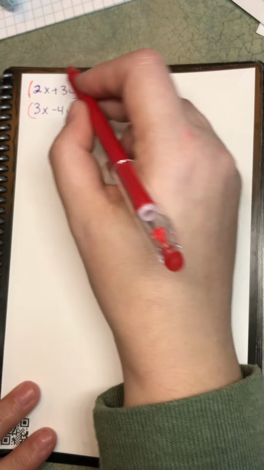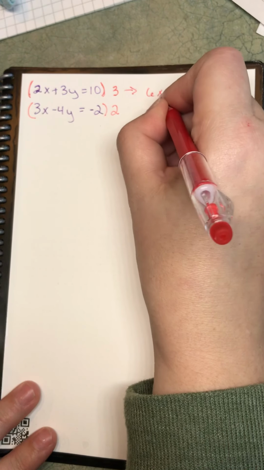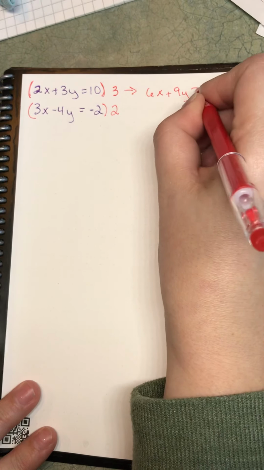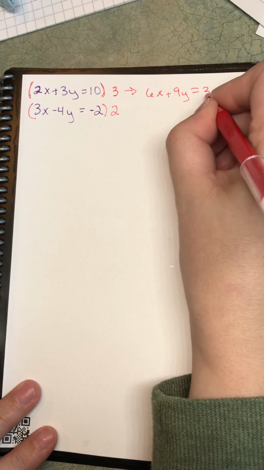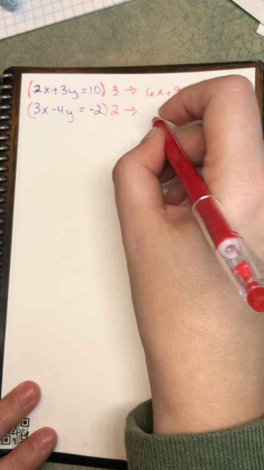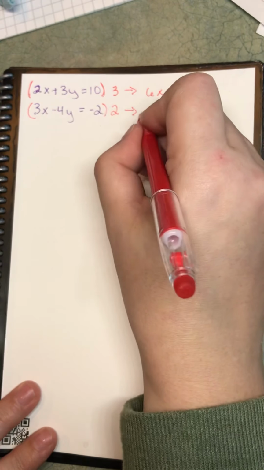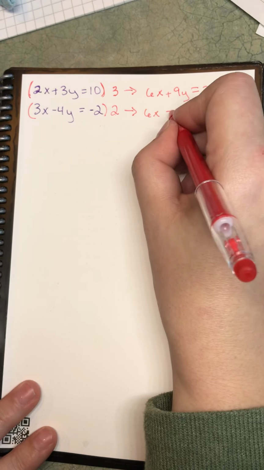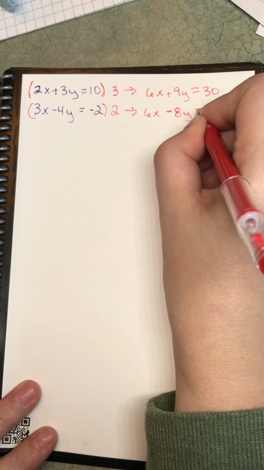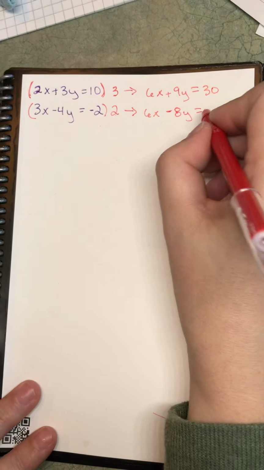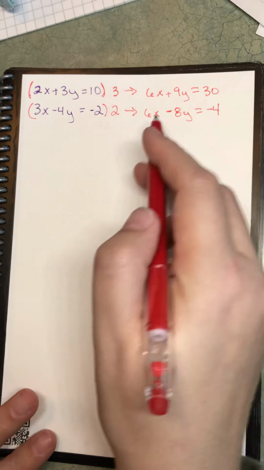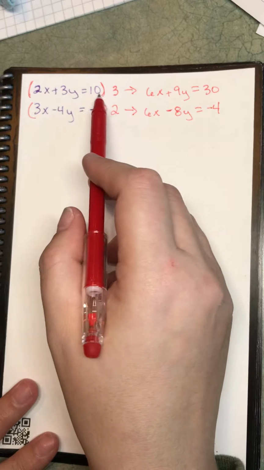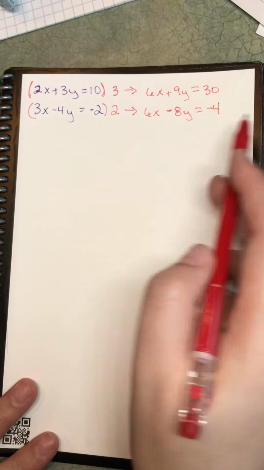So 3 times 2x is 6x. 3 times 3y is 9y. 3 times 10 is 30. And here 2 times 3x is 6x, and 2 times negative 4y is negative 8y, and 2 times negative 2 is negative 4. And I always like to go back through. That's a lot of multiplying. Did I miss anything? No, I think I got them all. Good.